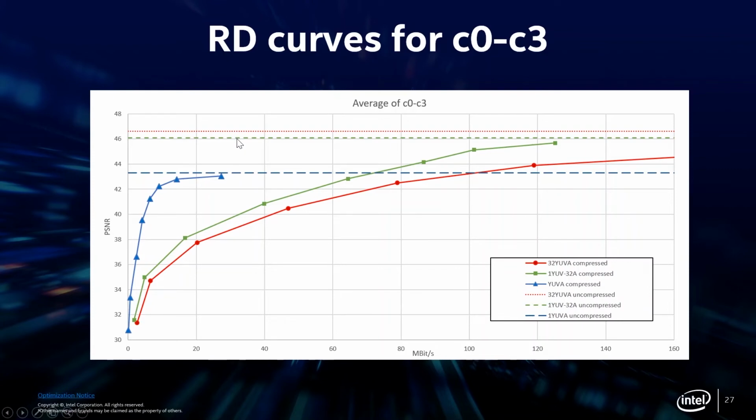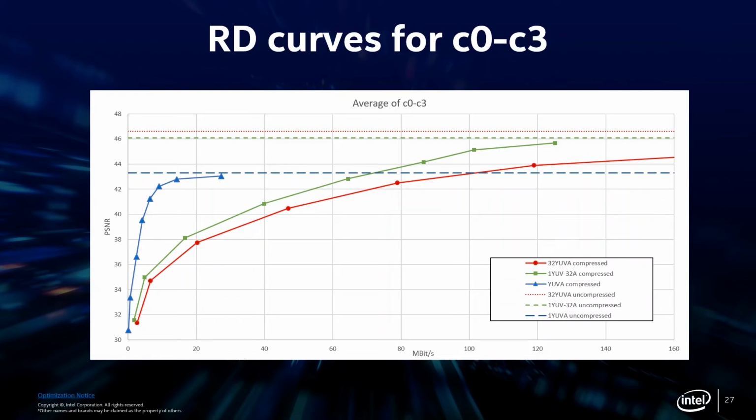The second green dotted line with the shorter dots shows the uncompressed PSNR for the 1 YUV 32 alpha format, and the top very small dashed line in red shows the quality level when we did not compress the 32 YUV alpha. So each of these dotted lines serves as a maximum quality bar you would expect if you ran the content through a video compression sequence. And each of the points on these curves corresponds to one of the QP pairs we showed in the previous foil.